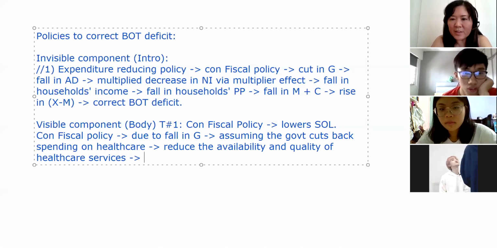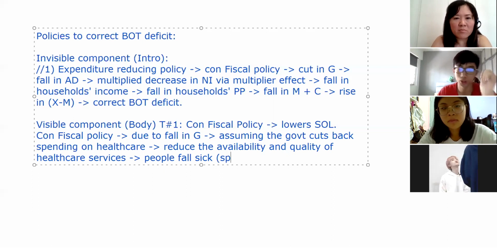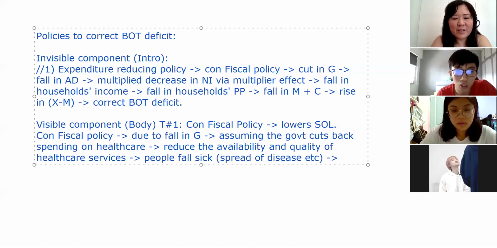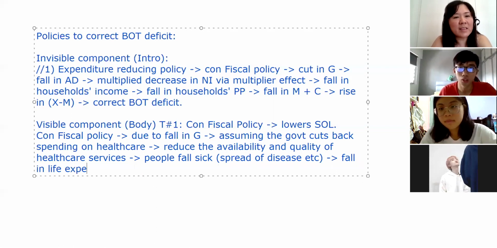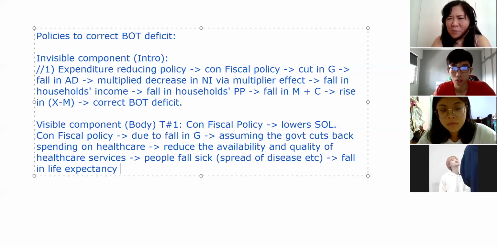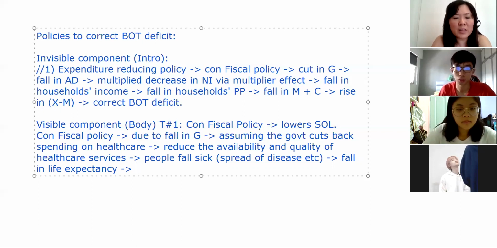Then because of that, this will lead to a fall in life expectancy, or maybe we say people fall sick with the spread of diseases like malaria. Remember when you did the chapter on national income accounting, material and non-material standard of living? So that's where you link it: because there's a fall in life expectancy, in terms of the number of years they can live, you lead to a fall in non-material SOL.